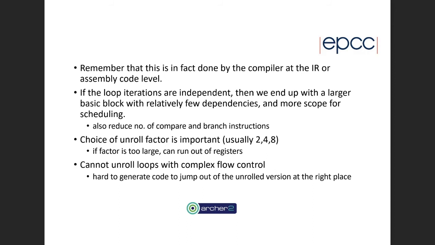The main problem is that if you have some complicated flow control in there, particularly branches or jumps, then the compiler will simply not unroll because it's hard to generate the code to jump out of the unrolled version at the right place, for example.